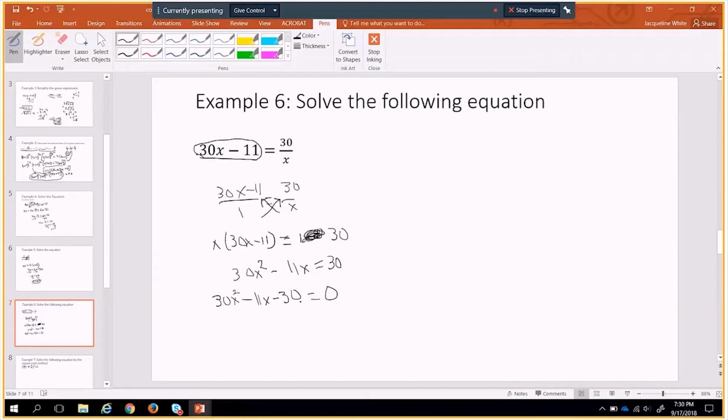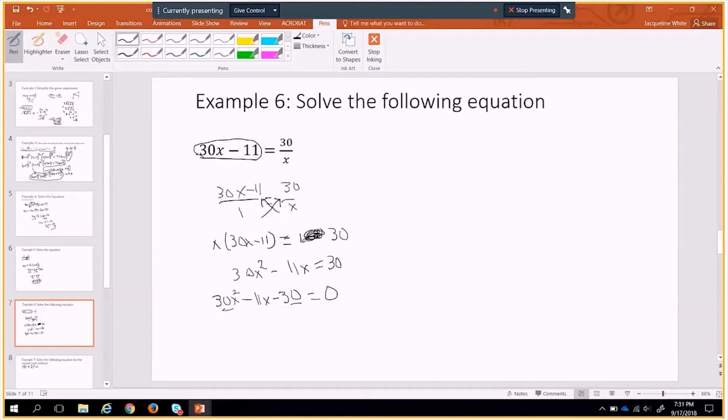But it's not too bad, actually. So we think of the factors of 30, both in the front and the back over here. What factors of 30 from this guy and what factors of 30 from this guy are going to either add or subtract to become that negative 11 right there?